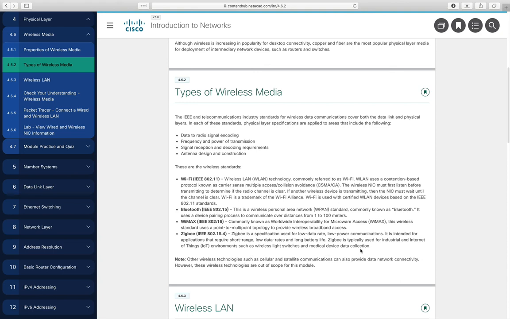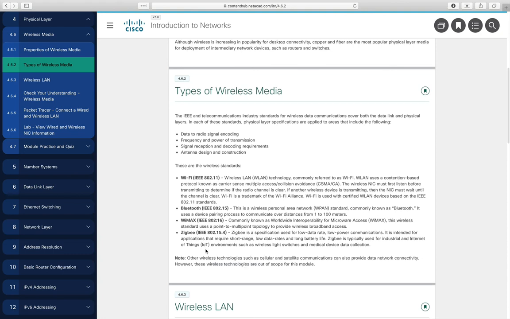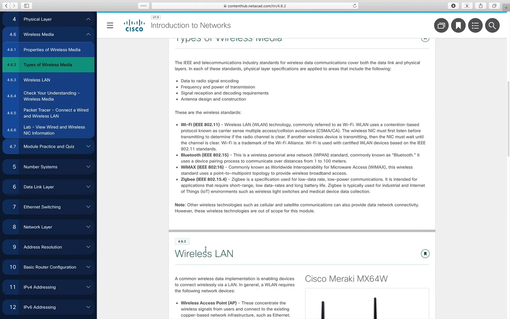It's used for industrial use, that is for things to communicate, for example, inside a factory. Or one thing that's become a very hot topic is the Internet of Things, where you're connecting all kinds of things to the Internet: doorbells, thermostats, refrigerators, etc. Zigbee is sometimes used for Internet of Things devices.